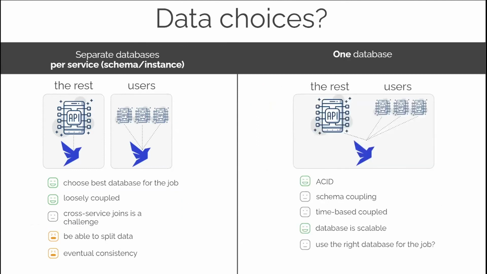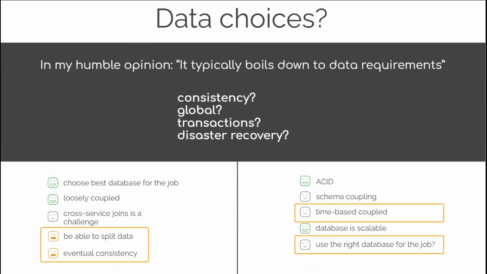And once we put these two together, I would argue that it typically boils down to the database. Typically the choice between microservices and how you would implement it, whether you would stick with a monolith, whether you would go to microservices, or which pattern you would choose if you go to microservices, purely depends on what data requirements you have. Are you able to split up your data?